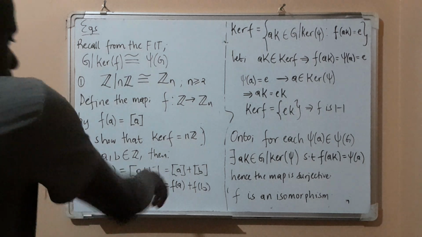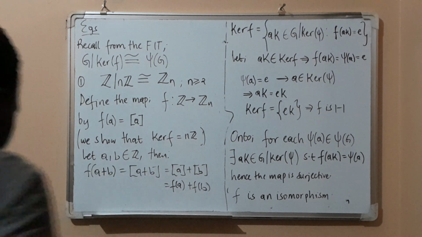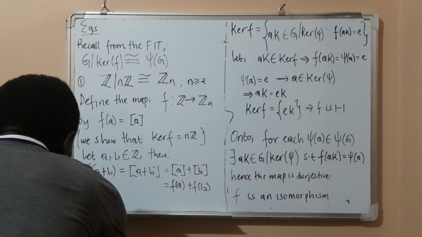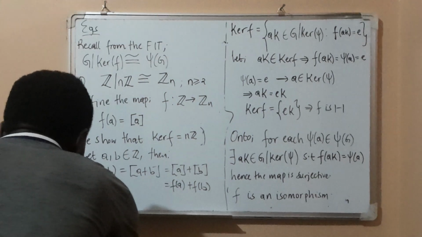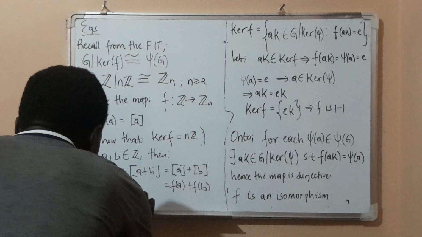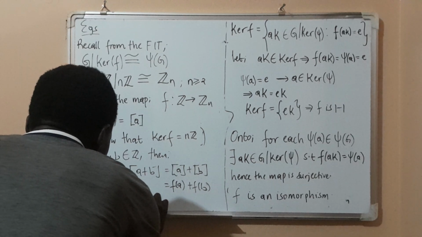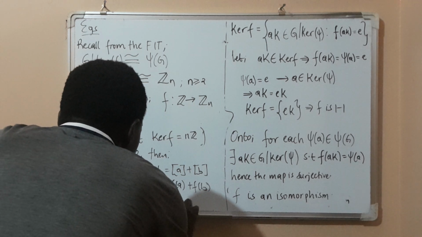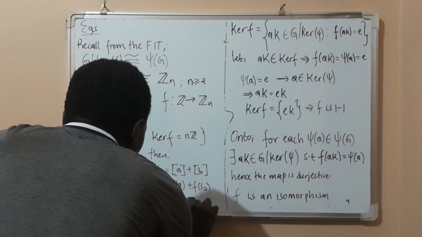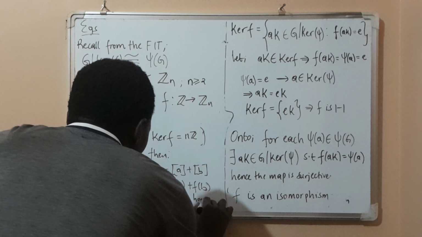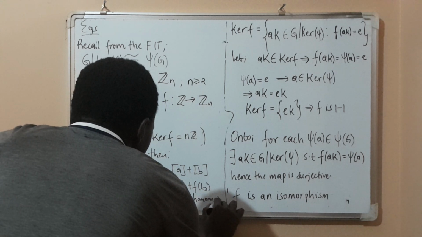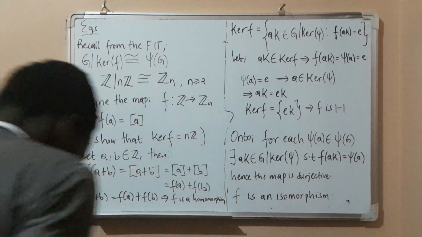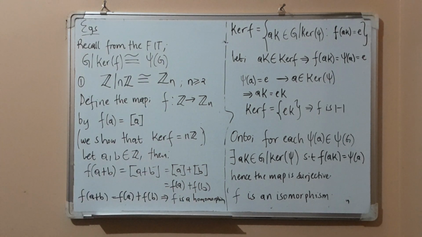So f of a plus b is equal to f of a plus f of b, and this implies that f is a homomorphism.